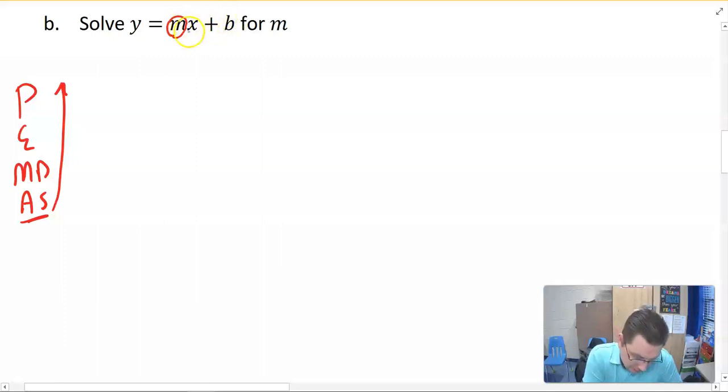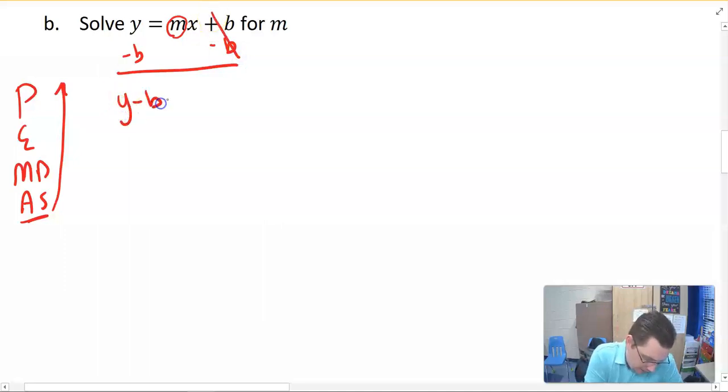The b is attached to all that by addition. So we're going to first subtract b from both sides of the equation. When we subtract the b, we get y minus b, because those aren't like terms, so we can't cancel them or combine them into one thing. So we just have to say what it says. It says y minus b.